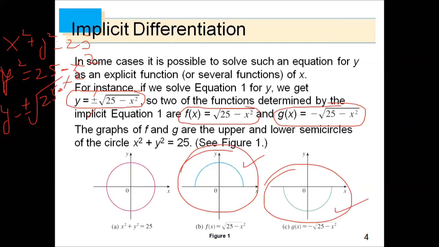We get this figure from this equation, which is the equation of a circle with center (0, 0) and radius 5.